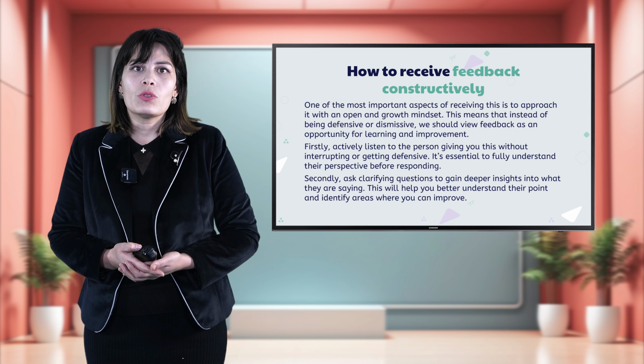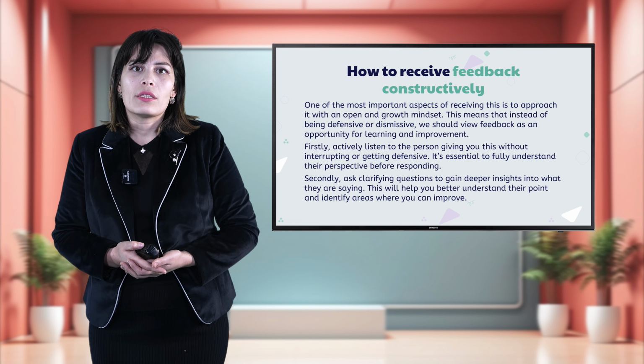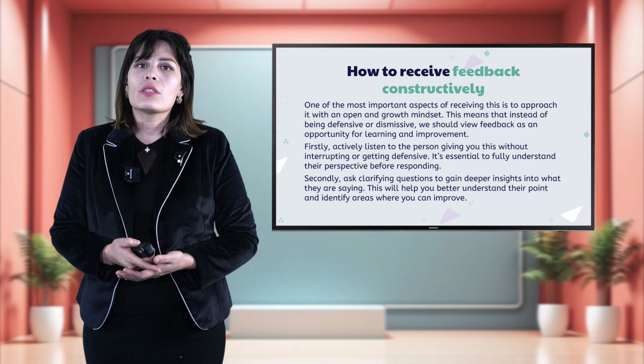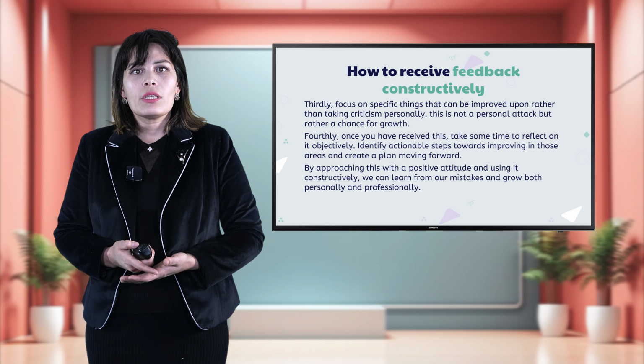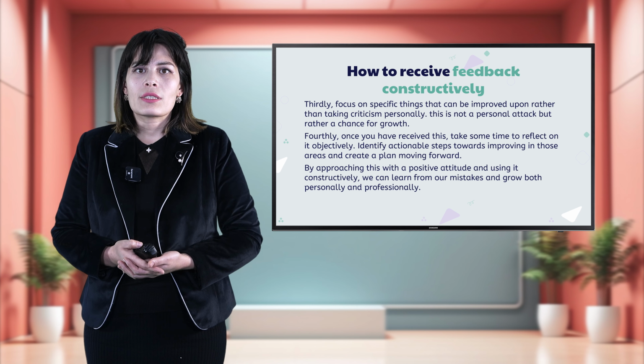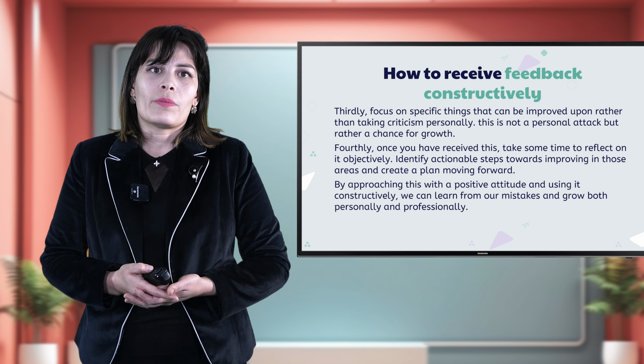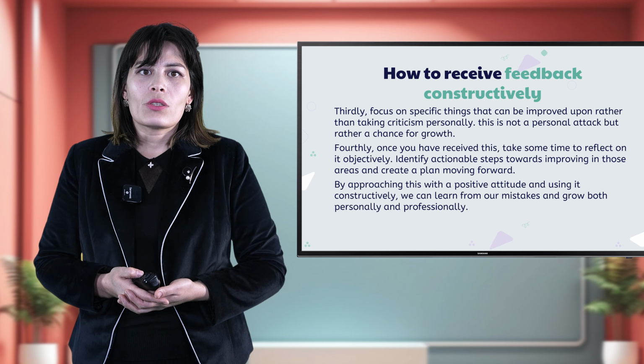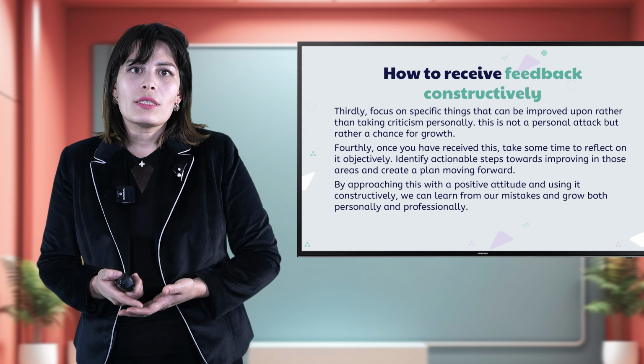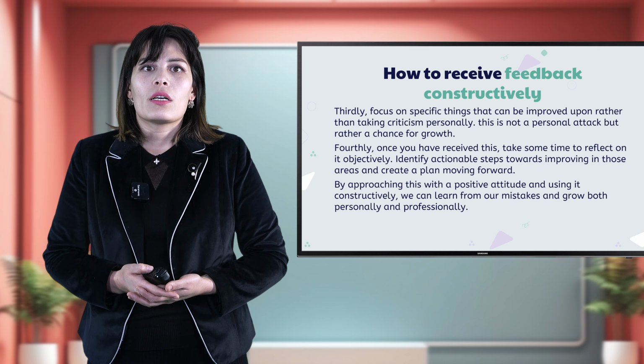Secondly, ask clarifying questions to gain deeper insights into what they are saying. This will help you better understand their point and identify areas where you can improve. And thirdly, focus on specific things that can be improved rather than taking criticism personally. This is not a personal attack, but rather a chance for growth.